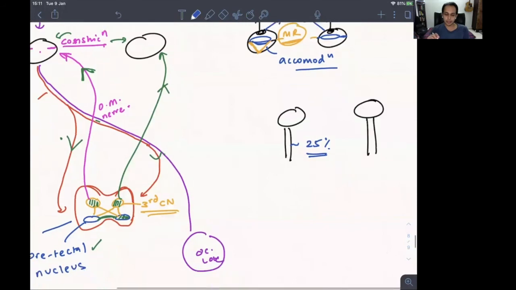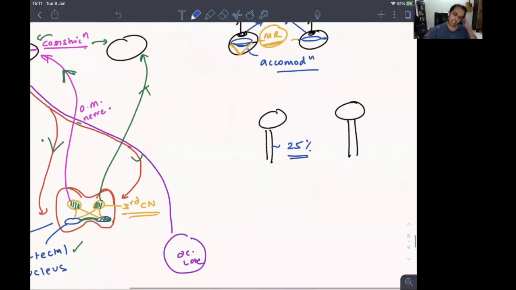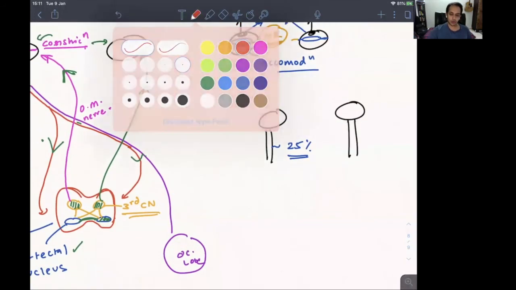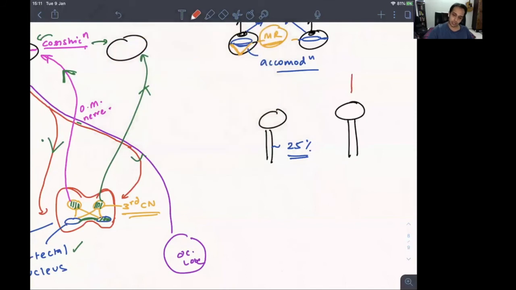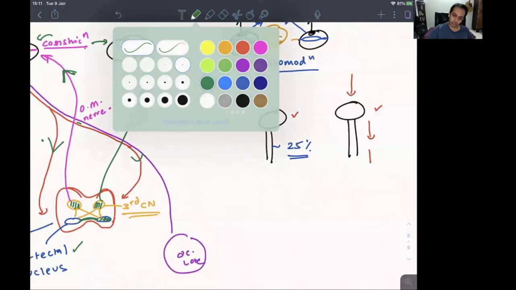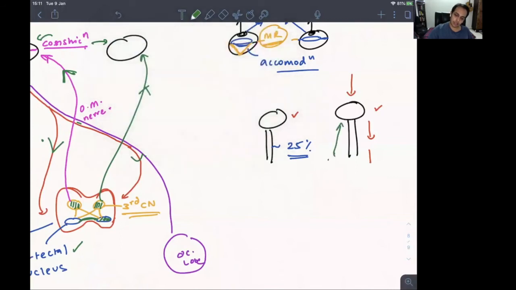If I show light into this eye, this will constrict and this will constrict, because of the light reflex: the optic nerve will take it down, the oculomotor nerve will take it back, and the oculomotor nerve on the other side will bring it here.